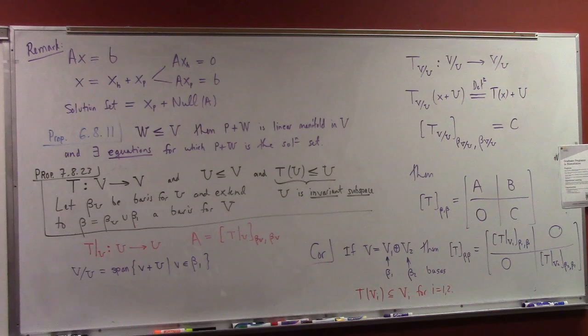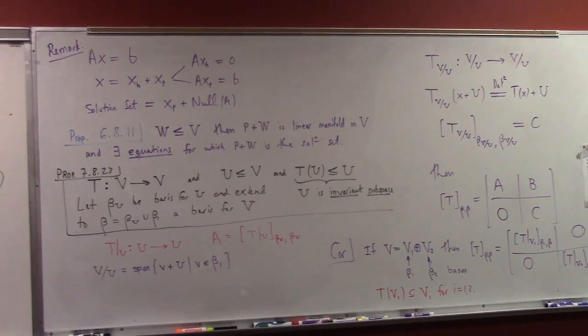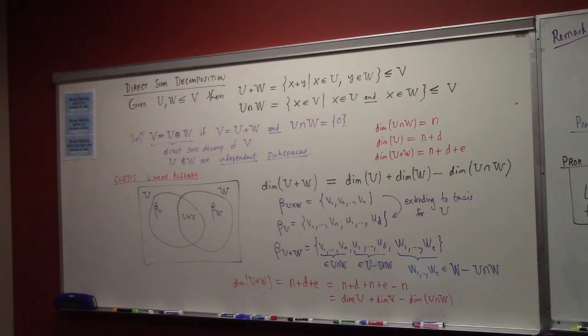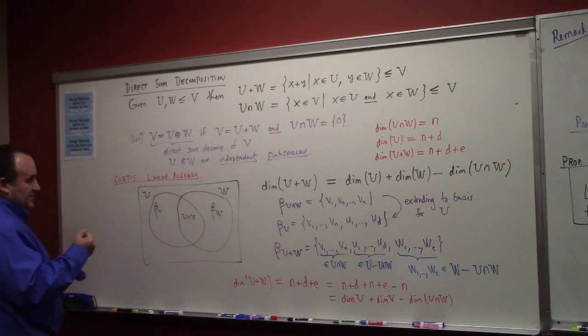Okay, so let us continue on here. Now we have more to say about invariant subspaces and their matrices in a future meeting, but today I'm trying to focus just on the concept of independent subspaces.